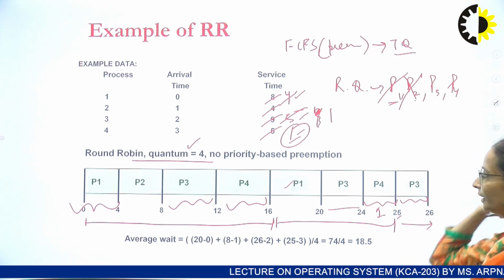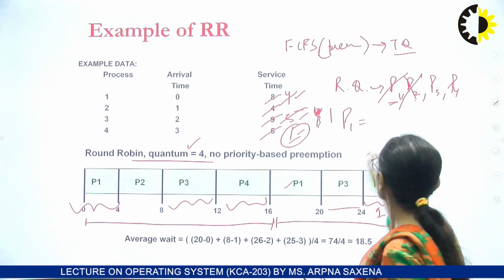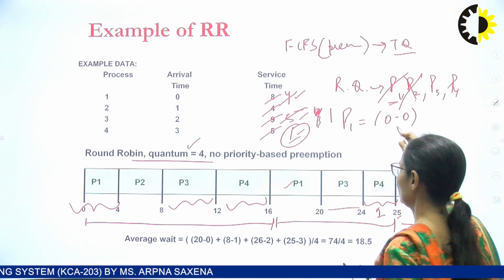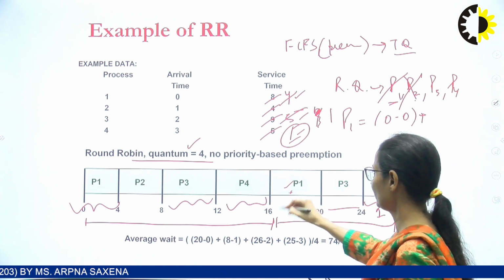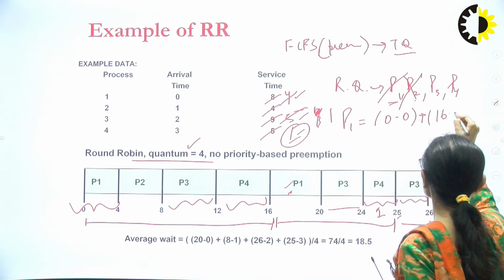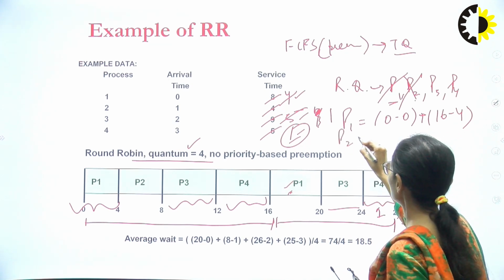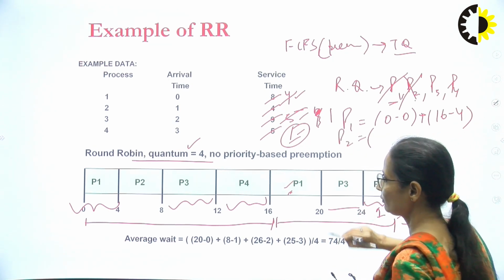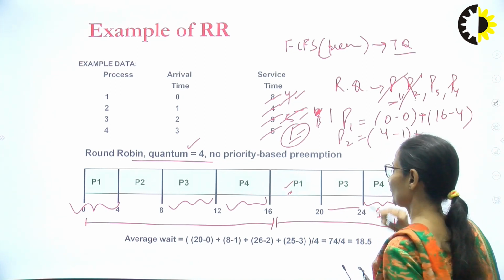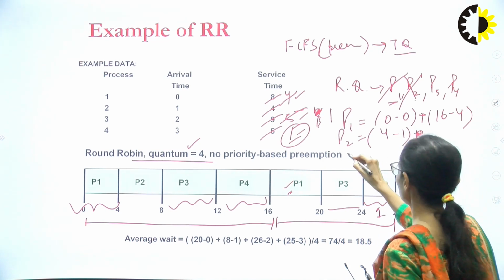Now the waiting time in this case: for P1, it came at 0 and entered the system at 0, so 0 minus 0, but it appears again at 16, having left at 4, so this is 16 minus 4. For P2, first allocated at 4, its arrival time is 1, so 4 minus 1; P2 never appears again.